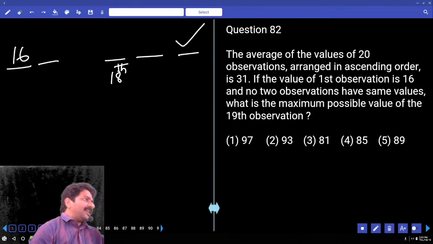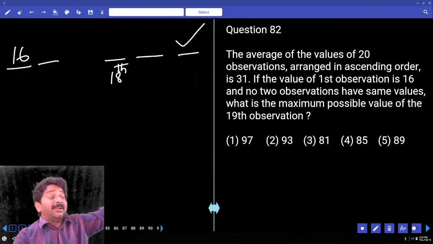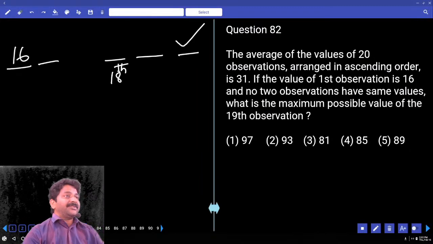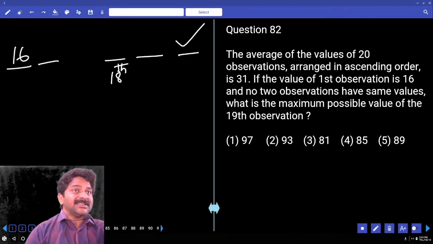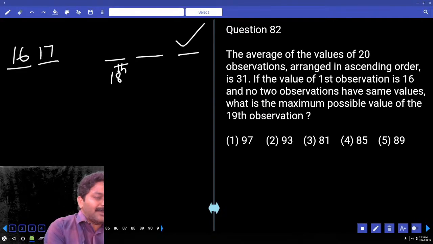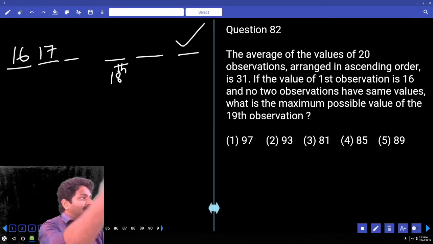Maybe 17, 18, 19, 20, anything you can write. But I am trying to calculate the highest value for the 20th. So for all the remaining numbers, we need to give as little as possible. Agreed? That means the only possible number is 17. How much did you add? Next number and so on. 16, 17, 18, 19 and so on.